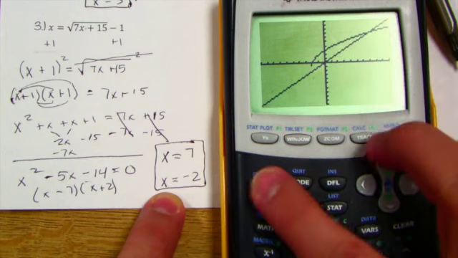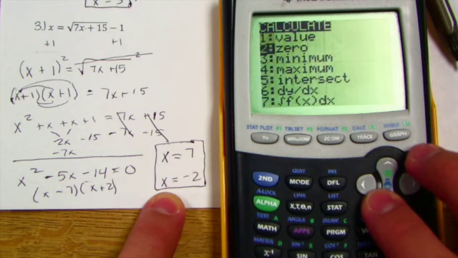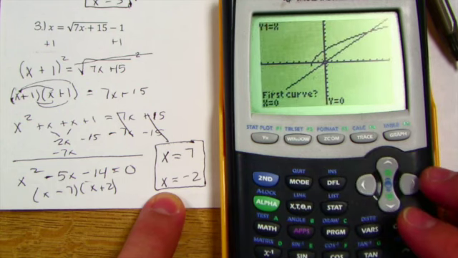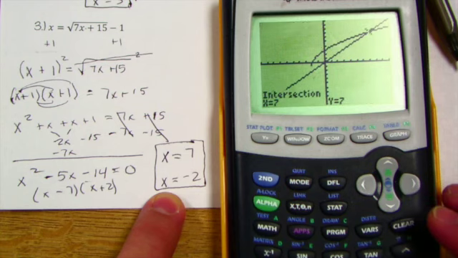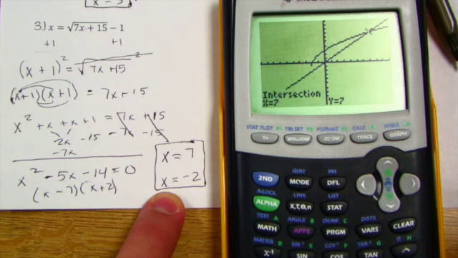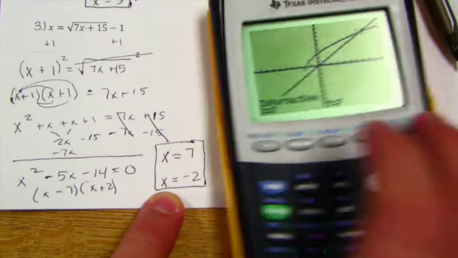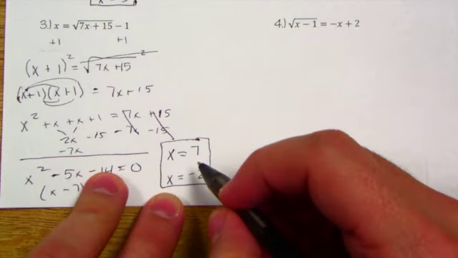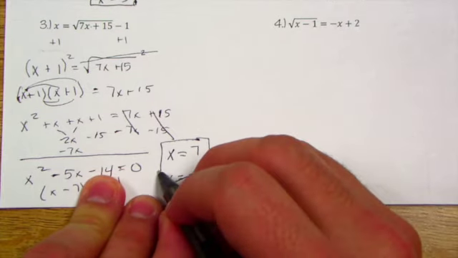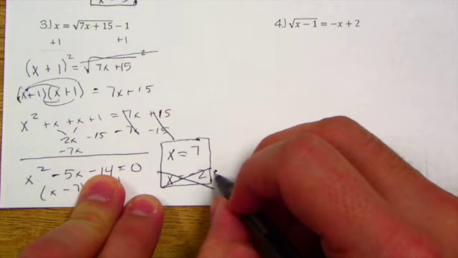And we can verify that by going second calc and going to intersect and just hitting enter 3 times. 1, 2, 3. And there you can see that it crosses at x equals 7. So, since it doesn't cross at negative 2, but it crosses at 7, on our answers here, negative 2 actually does not work.